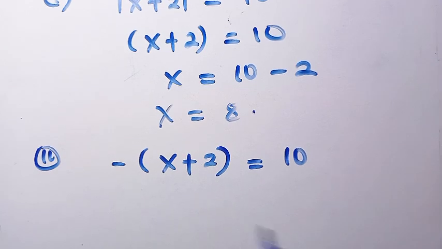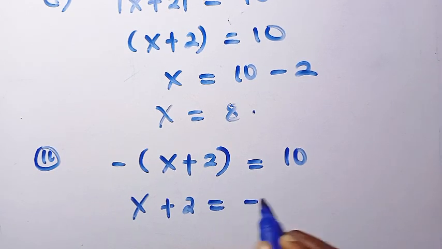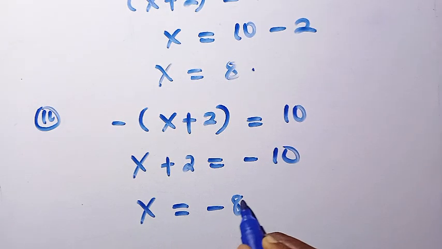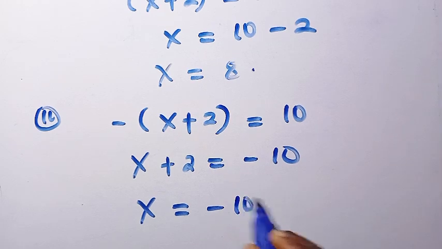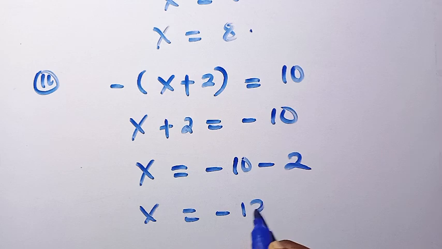Taking this negative to the other side, we have x + 2 = -10. Then subtracting 2 from both sides, we have x = -10 - 2, and that gives us -12.